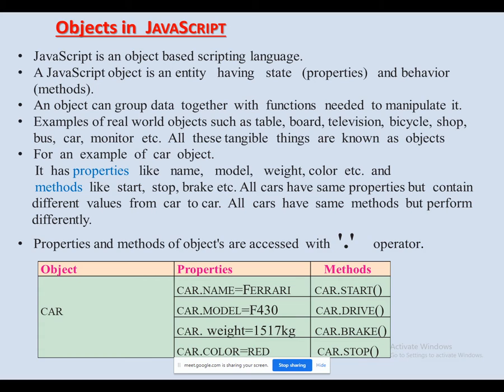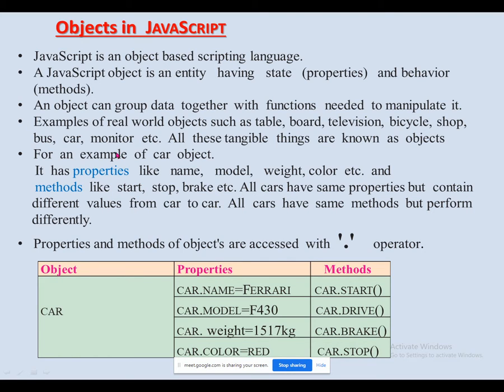Table, chair, anything which has some properties. All these tangible things are known as objects because they have some properties and functions. So whatever has some property you can call an object in our real world. The same rule applies in JavaScript also.